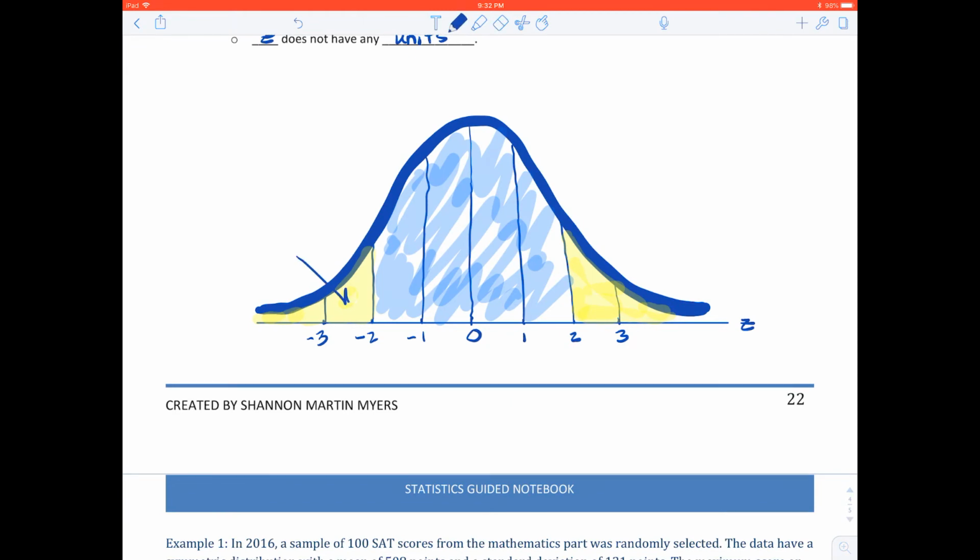Okay, so in the yellow here, these would be considered extremely low z-scores on this side, and extremely high z-scores on this side. All right.